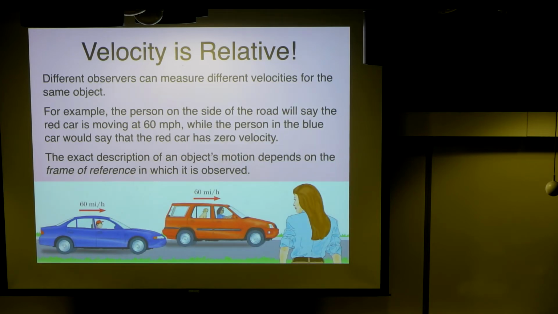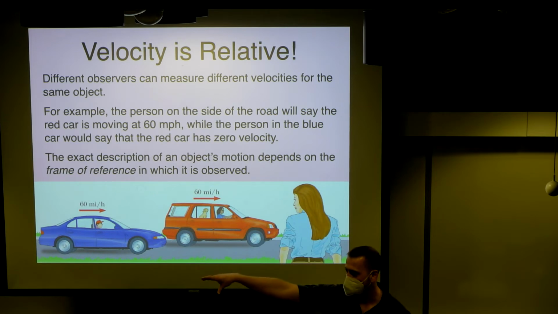And one thing you should take away from that example is that velocity itself is relative, okay? It actually is a meaningless statement for me to say, I'm going at 2 meters per second, right? Unless I say relative to what? Okay, because of course, different observers, like we saw in the previous example, can look at the same object and measure different velocities for it, right?